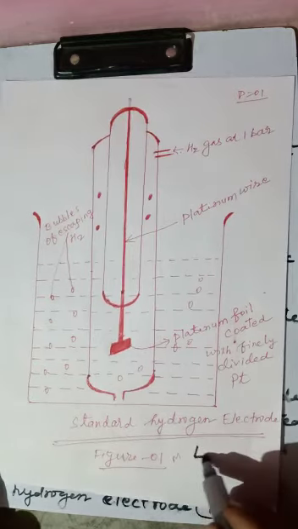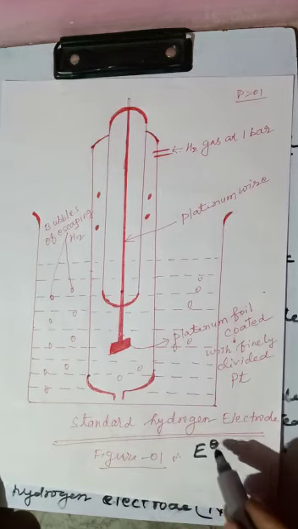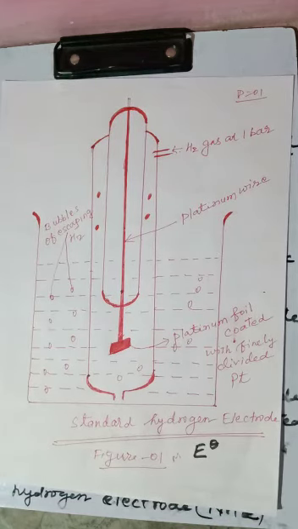It is denoted by E naught. And a standard hydrogen electrode is also known as SHE in short form, and NHE also. Okay, normal hydrogen electrode.